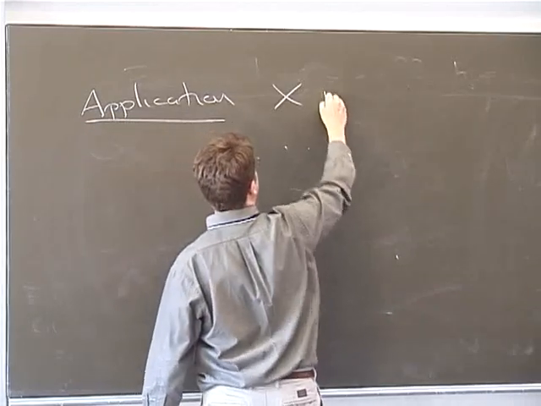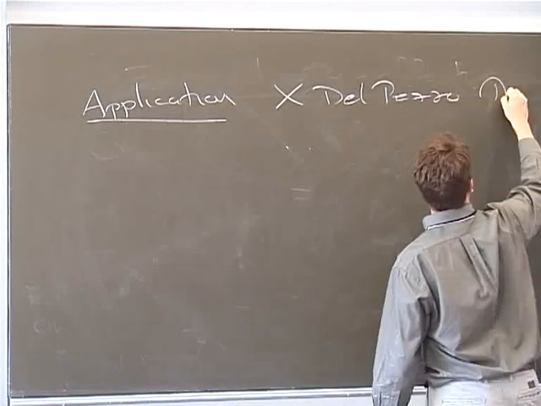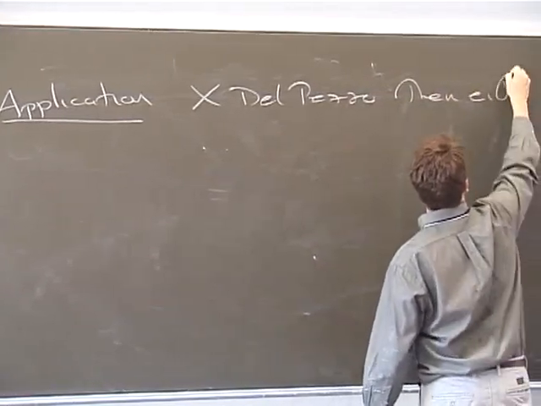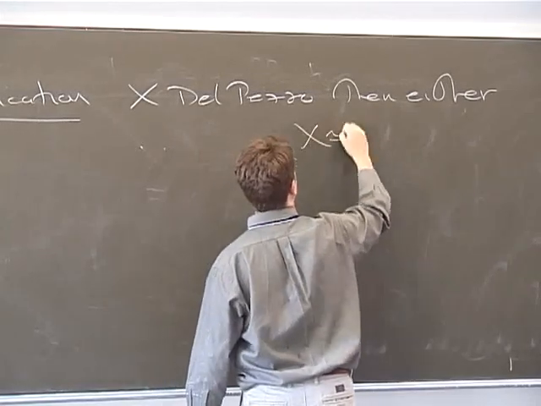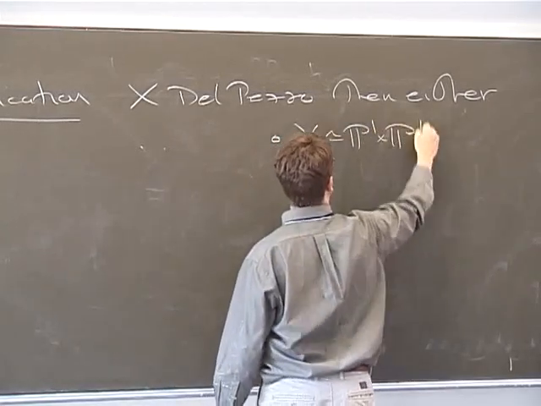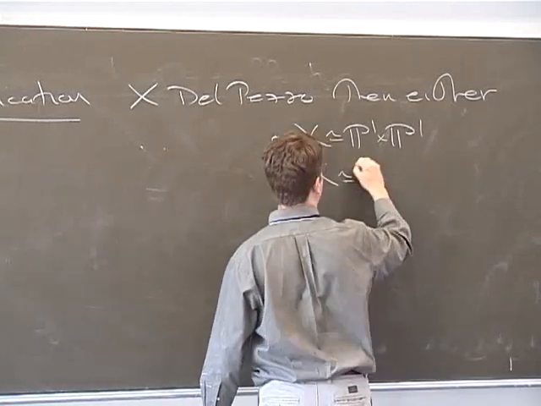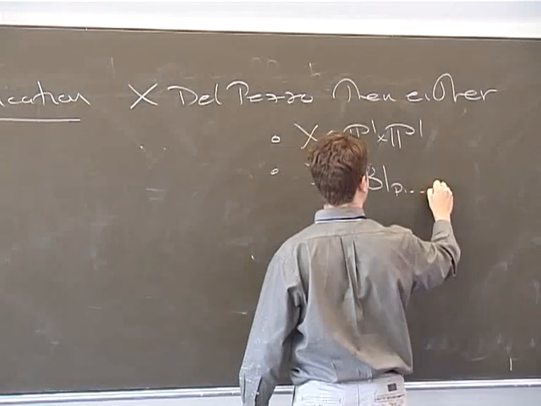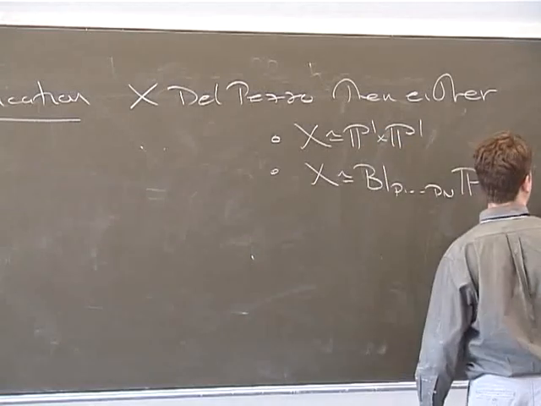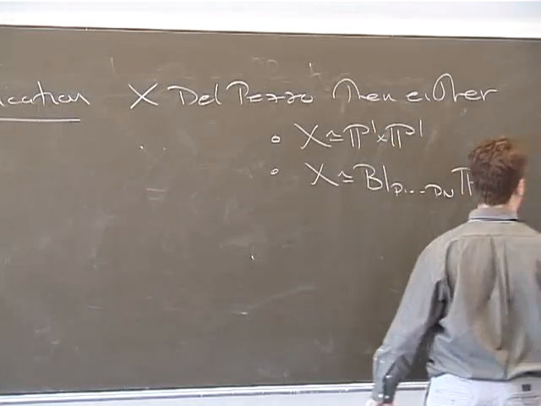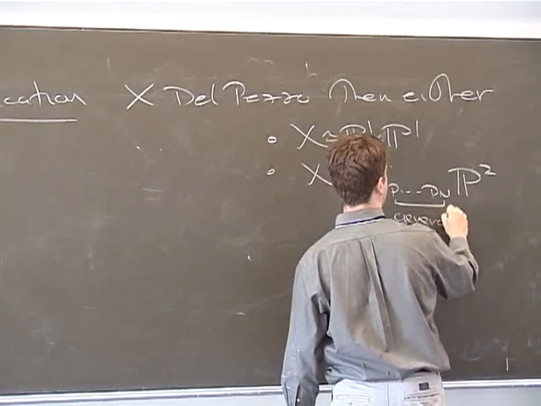So if X is del Pezzo, then either X is isomorphic to P1 cross P1, or X is isomorphic to a blow-up at some number n of points in P2, where n is less than or equal to 8. And these are chosen in suitably general position.